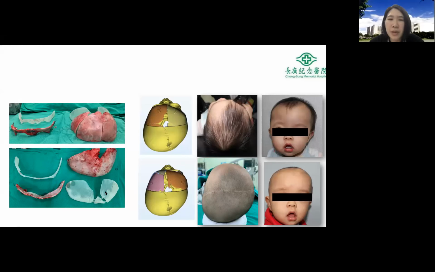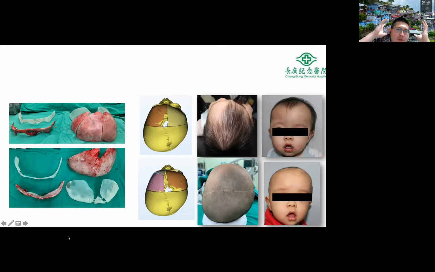You mean use the distractor? Yeah, maybe for the posterior vault distractor or the one-time remodeling surgery. I think this is the question. Maybe the posterior is the distraction to make the posterior elongated head shape, and the surgical advancement only.